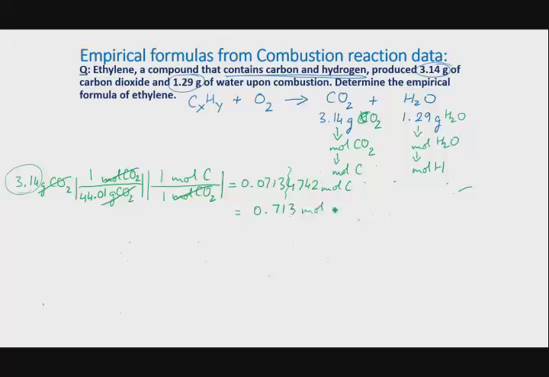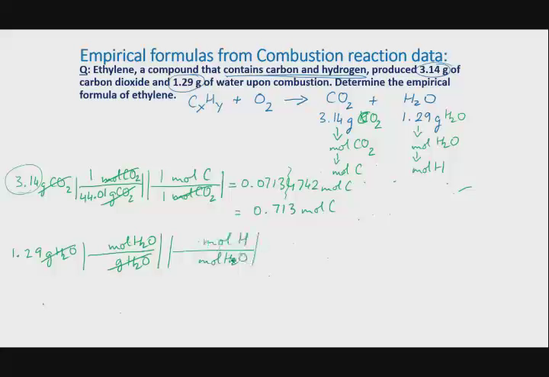0.0713 moles of carbon. Similarly, if you set up for water, 1.29 grams of H2O first goes to moles of H2O. Moles of H2O converts to moles of hydrogen in H2O. Once again, using molar mass, 1 mole H2O has a mass of 18.02 grams, and 1 mole of water has 2 moles of H from the chemical formula.